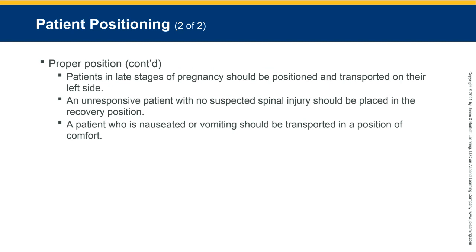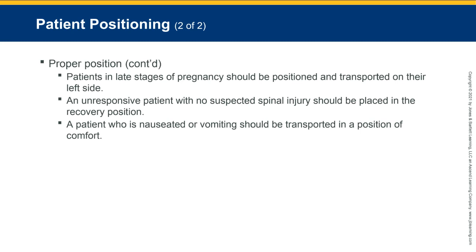Patients in late stages of pregnancy should be positioned and transported on their left side, and that's very important. Because when they're close to full term, if they are placed in a supine position, the weight of the pregnant uterus will come down on the major venous vessels on the right side.